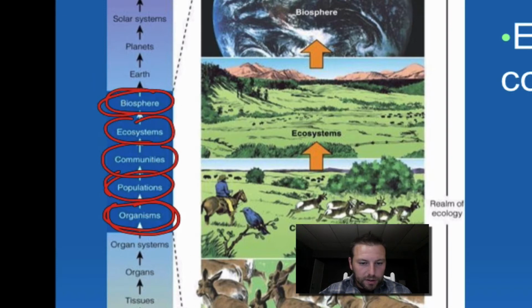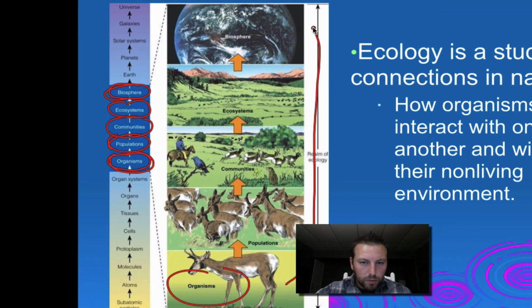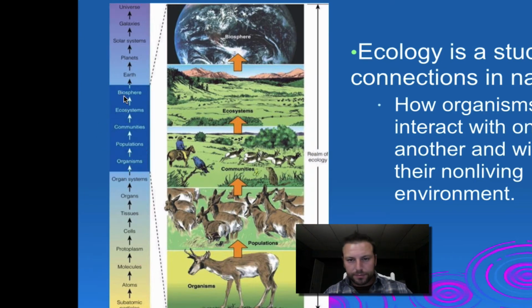This is what we're mainly concerned with within this region right here. Yes, we're concerned with this because it's how the organisms work, and then ultimately our place within the universe is important, but it's really the interactions between these that we're going to be looking at.